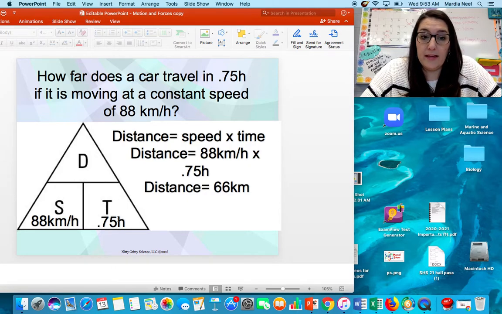So I'm going to plug that in. We know the speed is 88 kilometers per hour. So distance is equal to speed times time. My speed was 88 kilometers per hour. My time was 0.75 hours. My units of time are going to cancel, and I'm going to be left with 66 kilometers.